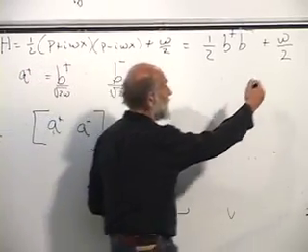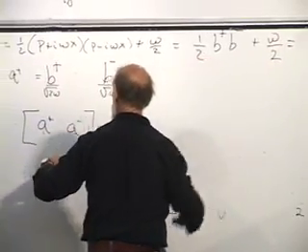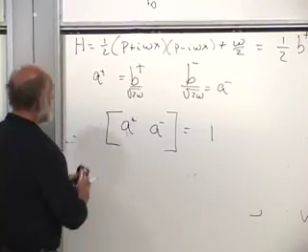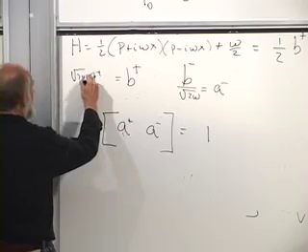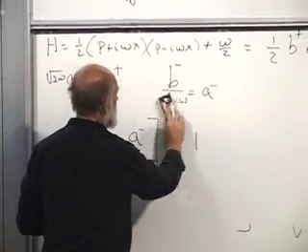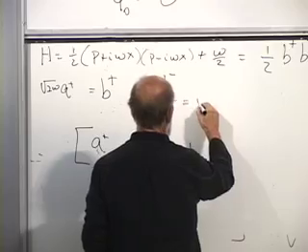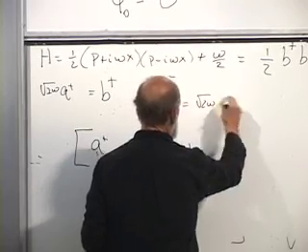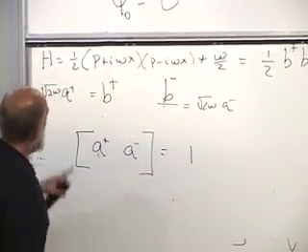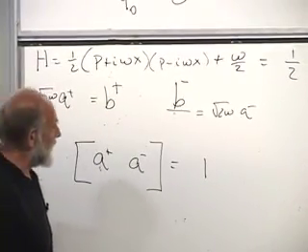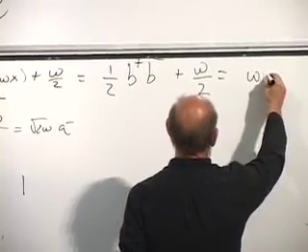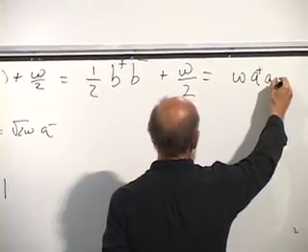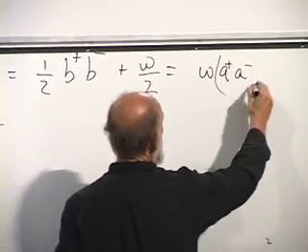This is simple, hardly even algebra. Just solve for the B's: square root of 2 omega A plus, square root of 2 omega A minus. Now substitute for the B's in terms of the A's. And what do we get? I think we get omega A plus A minus plus omega over 2.